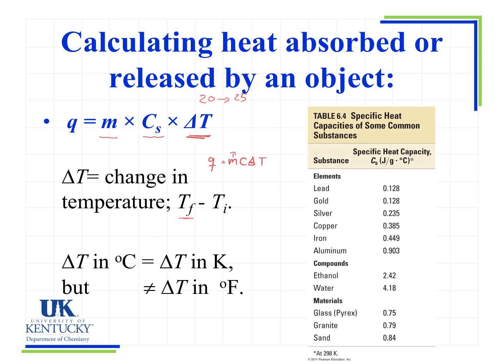M is the mass, C is the specific heat, and delta T is the change in temperature. That's how you can find the heat of the system.